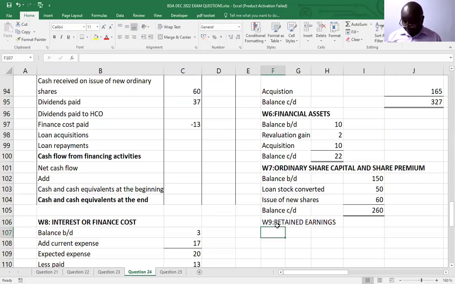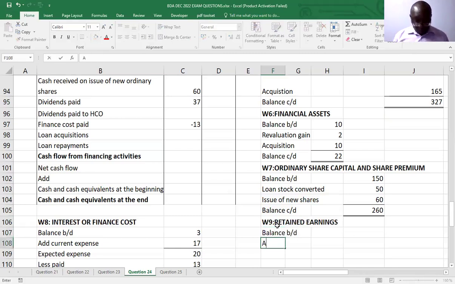That's what we want to analyze. So we will have the balance brought down. We are supposed to add profit for the year. Now, when you add, you should get expected closing balance or expected profit.